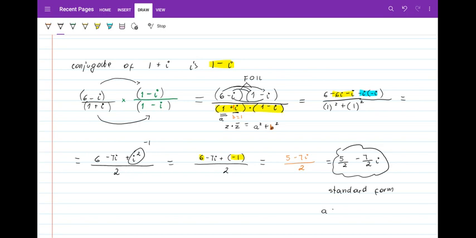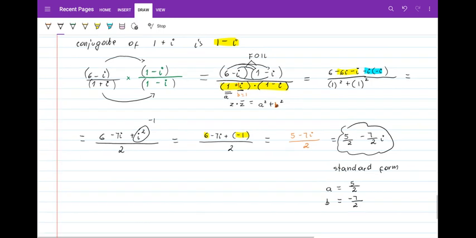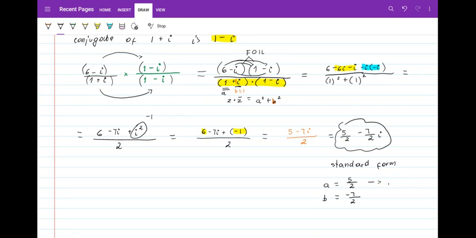Standard form. a, which is the real part, it's 5 over 2. b, which is the imaginary part, it's the coefficient of i, which is negative 7 over 2. So real part, imaginary part.